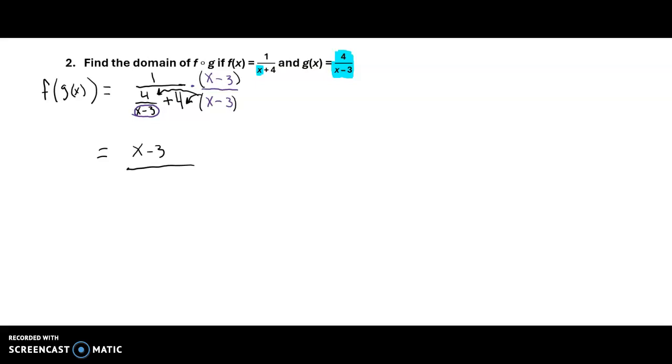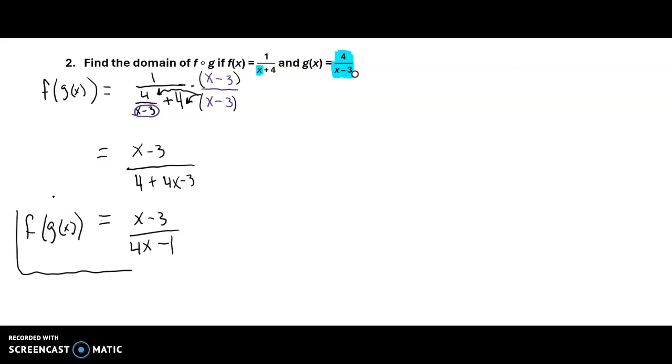On 4 over x minus 3, the x minus 3's will divide out and you'll just be left with 4. Then we do 4 times x and 4 times negative 3. So we end up with f of g of x equal to x minus 3 over 4x minus 1.